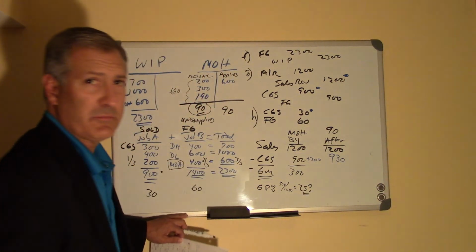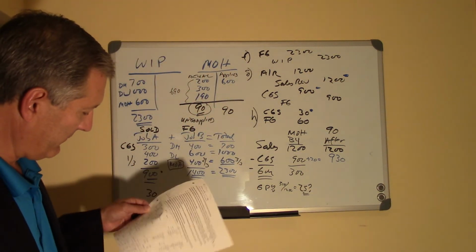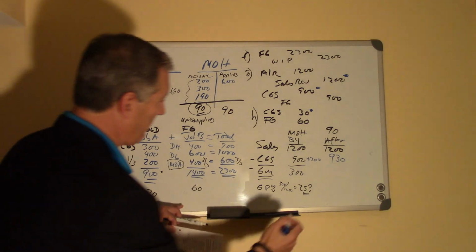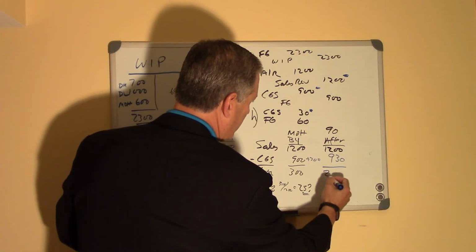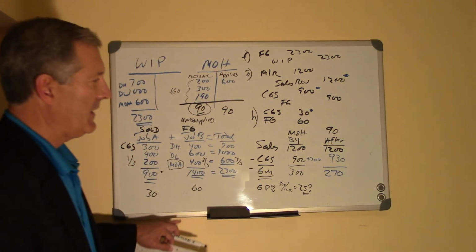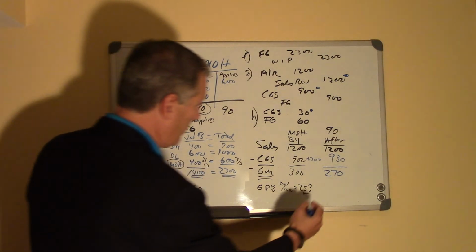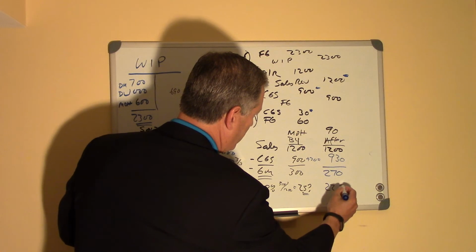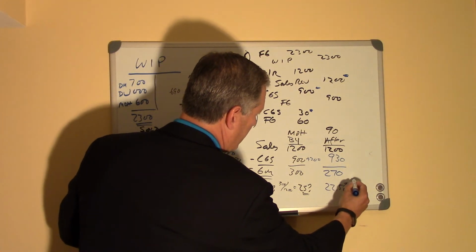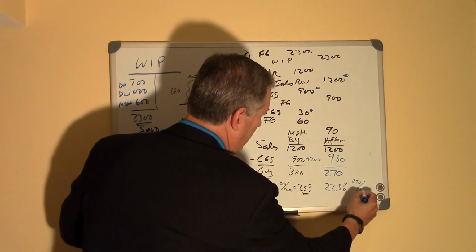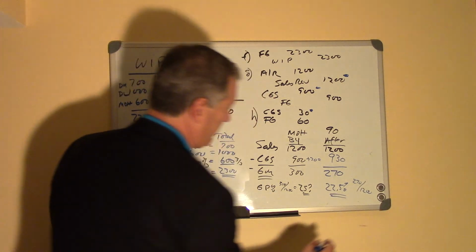Cost of goods sold jumps to $930. My gross margin drops to $270. And my gross profit percentage also drops to what? 22.5%. That's $270 divided by $1,200.